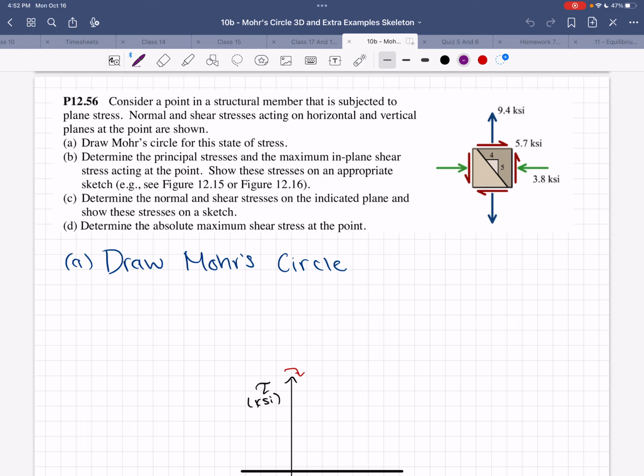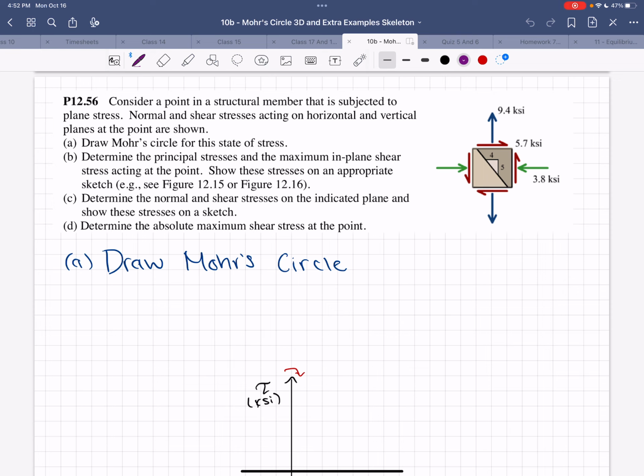Then we're going to determine the normal and shear stresses on the indicated plane and show these stresses on a sketch. That's a little bit more annoying than what we've done so far, but we can do it. And lastly, we'll determine the absolute maximum shear stress at the point, which is one of the easy ones.